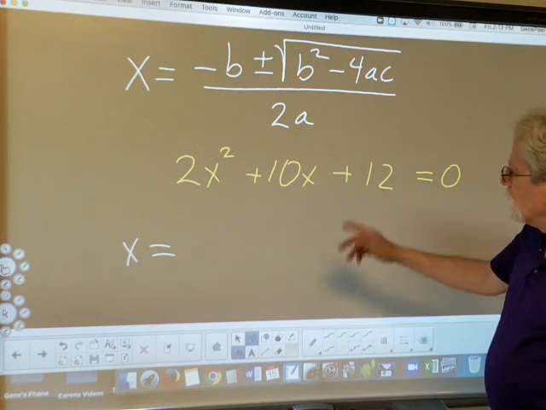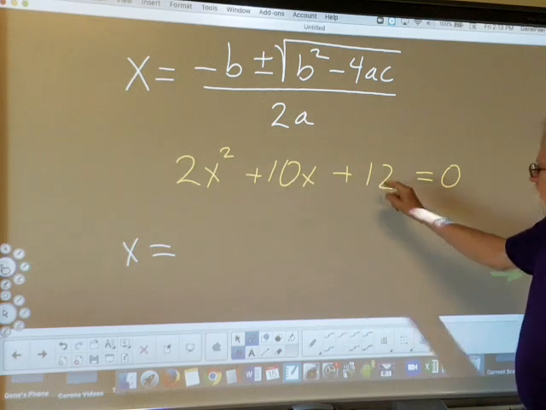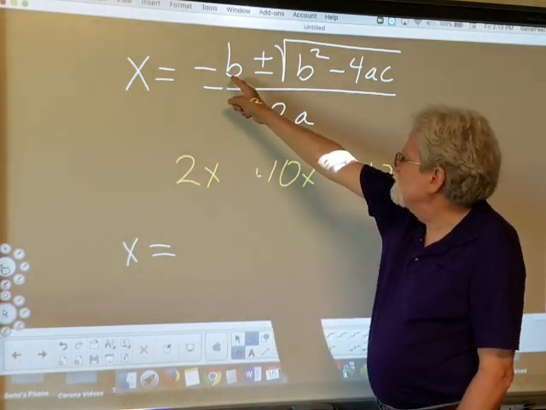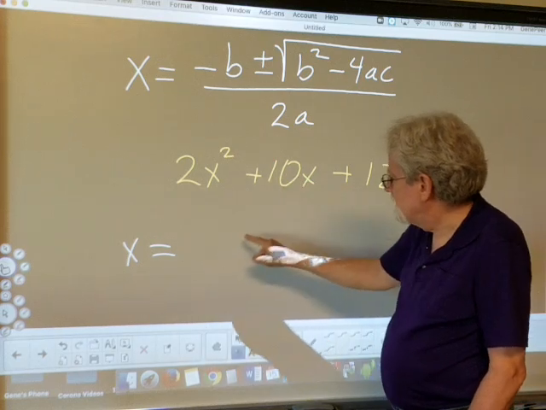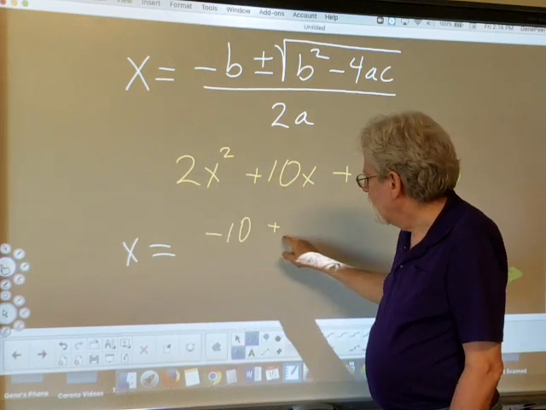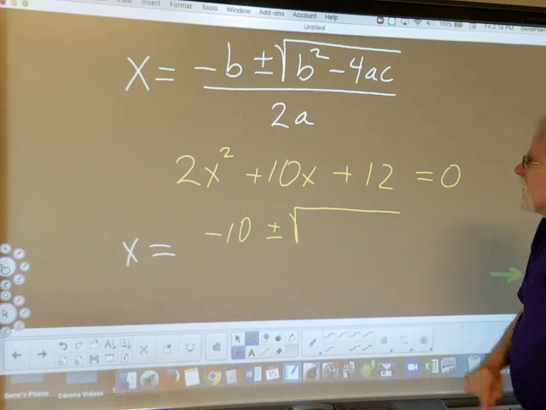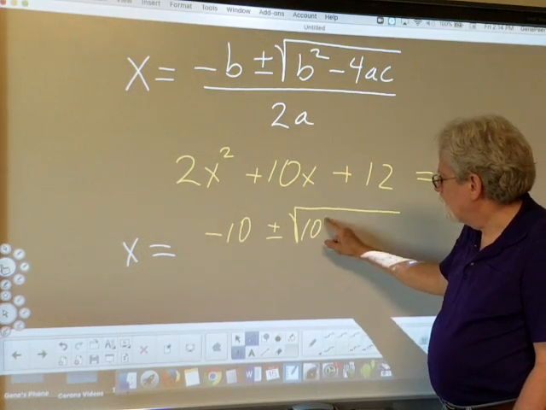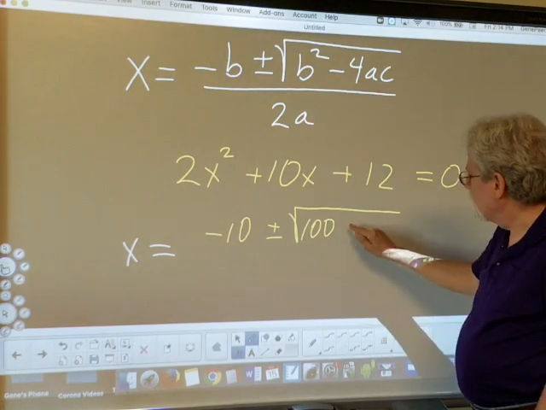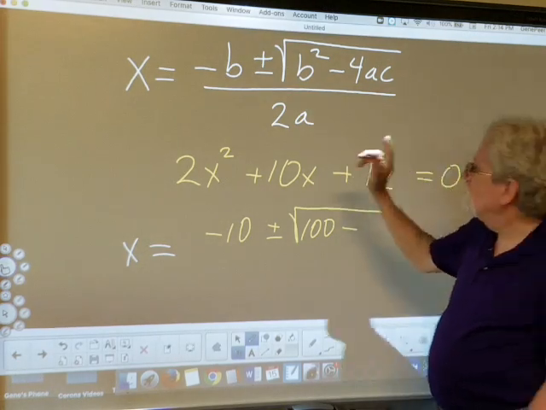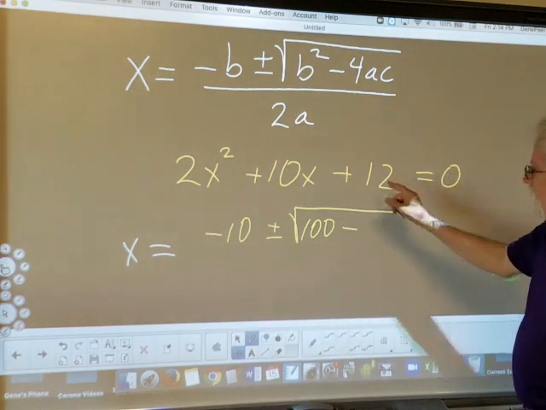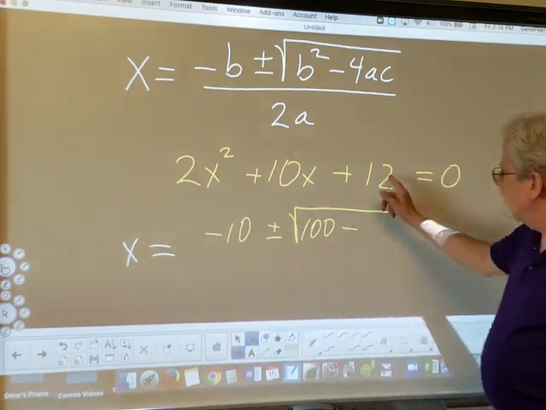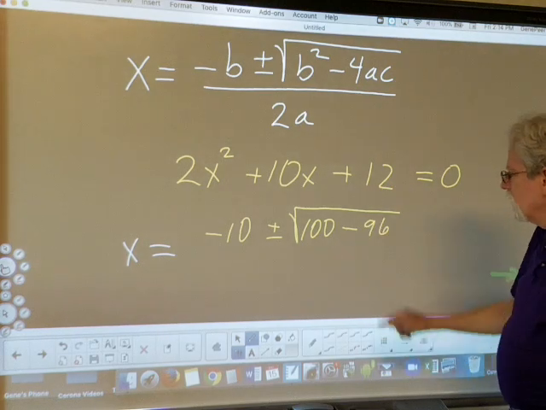All right. So we have a, we have b, we have c. So we start off with the opposite of b, inverse b. That's going to be negative 10 plus or minus the square root of b squared. That's 10 squared, that's 100, minus 4 times a times c. 4 times 2 is 8 times 2 is 16.